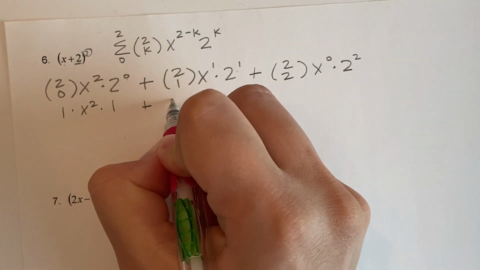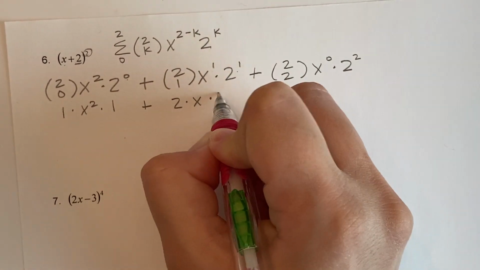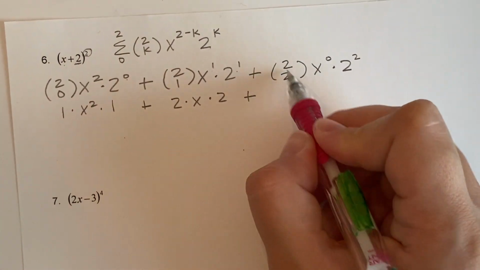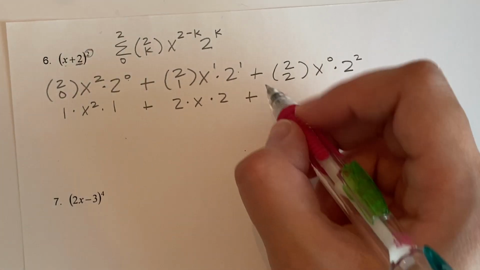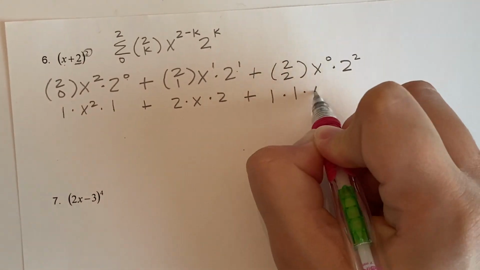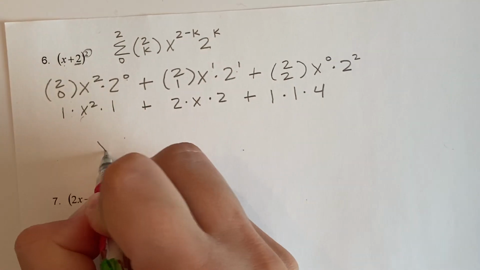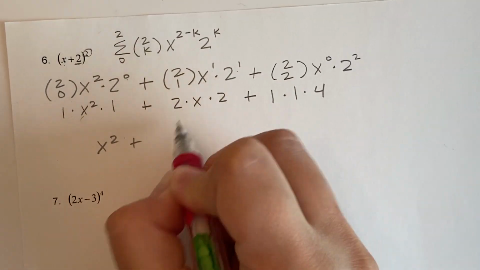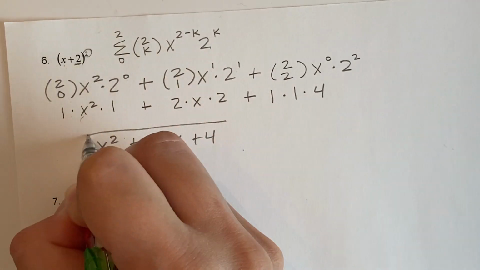You should get 2 times x to the first power is just x. 2 to the first power is just 2. Type this combination in your calculator and you should get 1. X to the 0 is 1, 2 squared is 4. Now just combine this. So that's x squared, that's 4x, and that's 4.